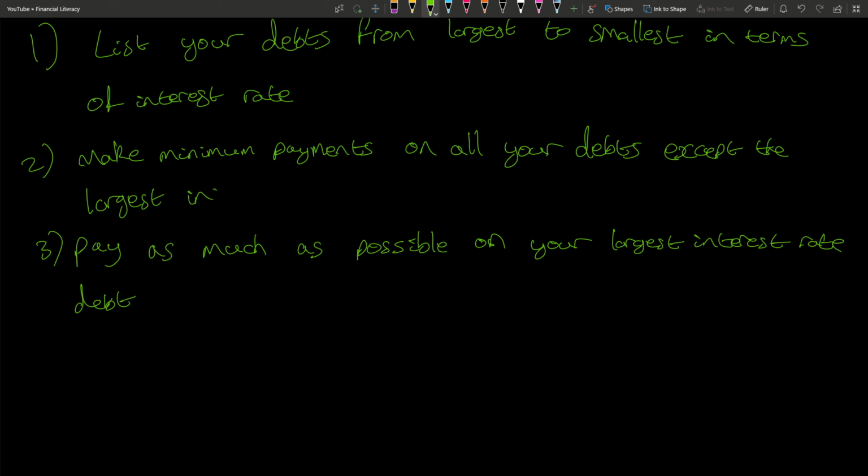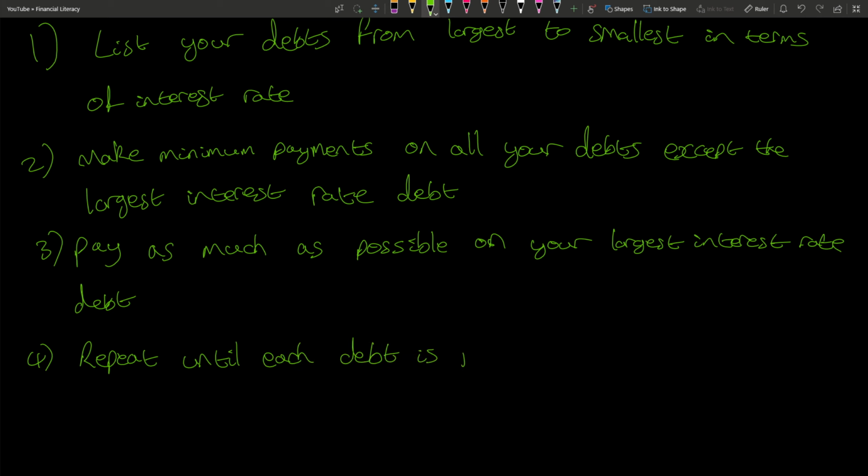I'll put interest rate debt here as well to avoid confusion. Step four, repeat, and just rinse and repeat this method. Repeat until each debt is paid in full.